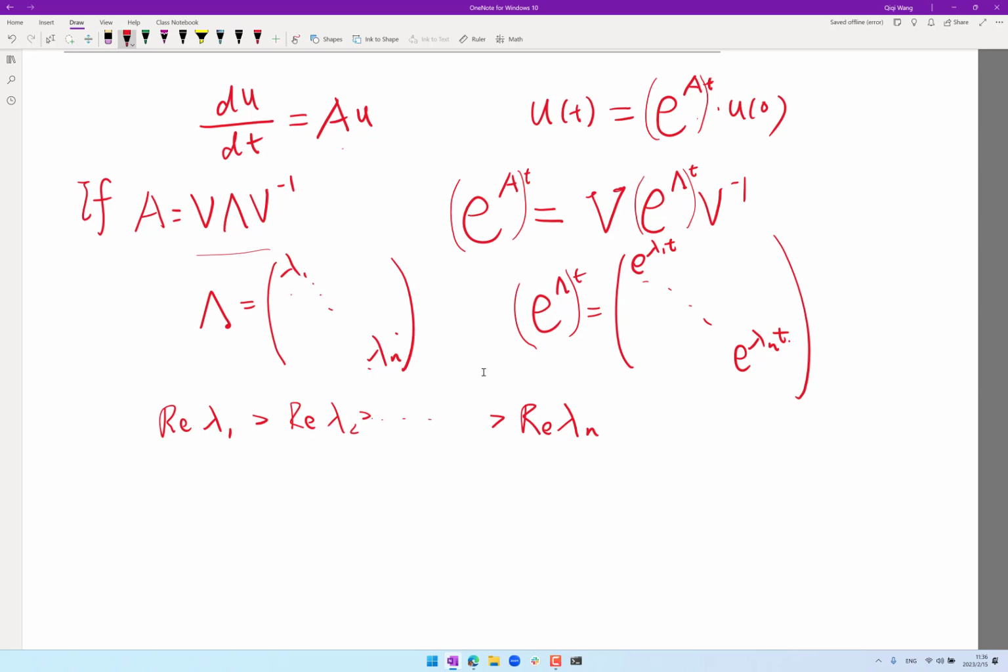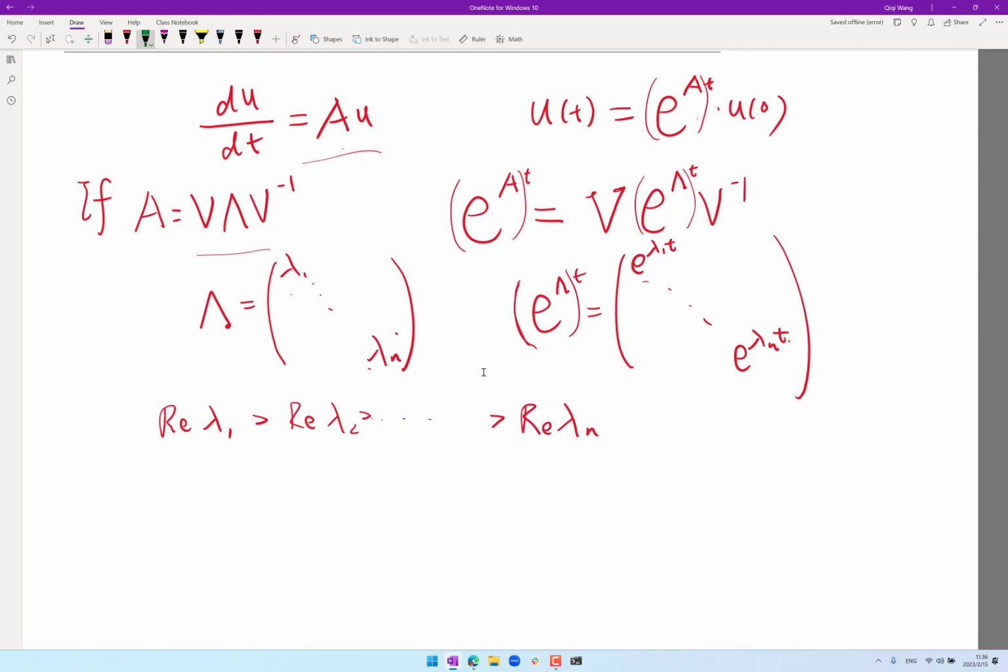Because evolving this differential equation over a time of t, let's say t is an integer, is exactly raising e to the A matrix to the power of t. So we are essentially following the same algorithm.